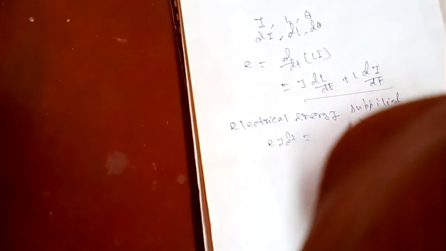The electrical energy supplied is E I dt, so E I dt is equal to I square dL plus I L dI.